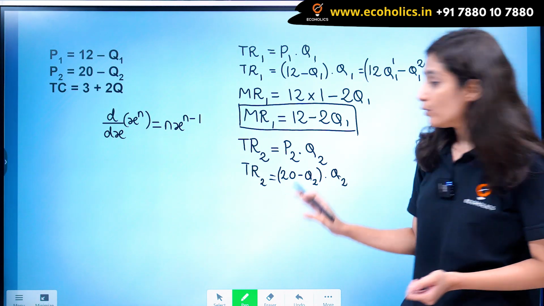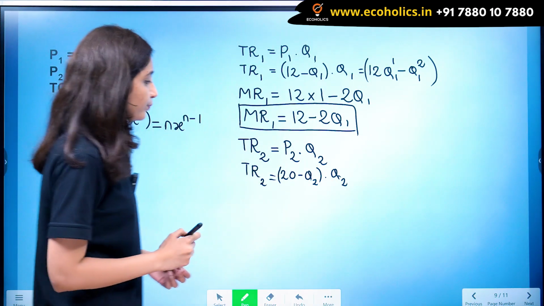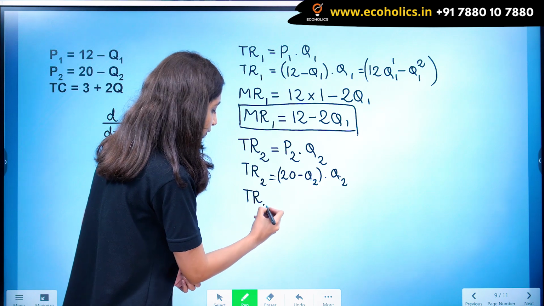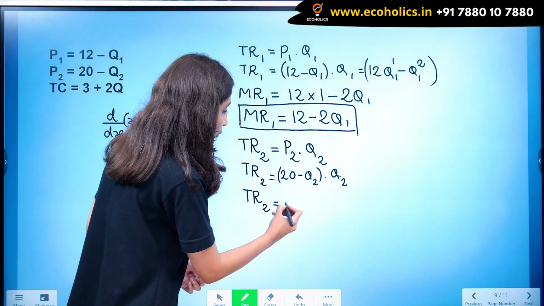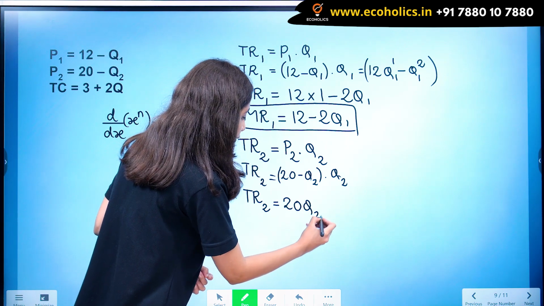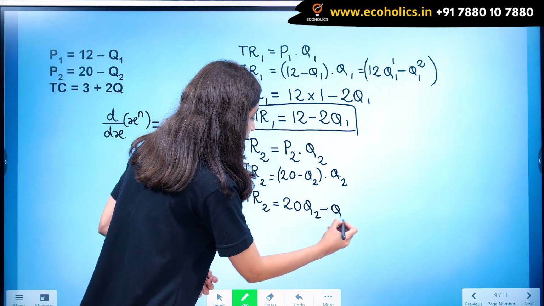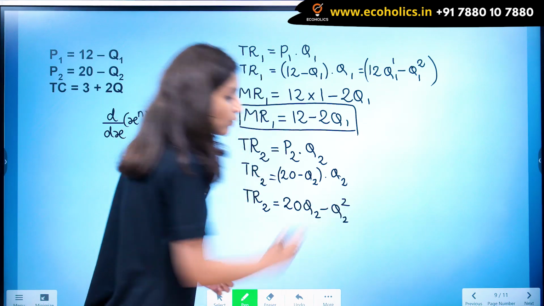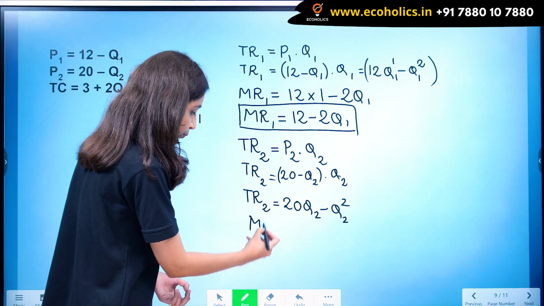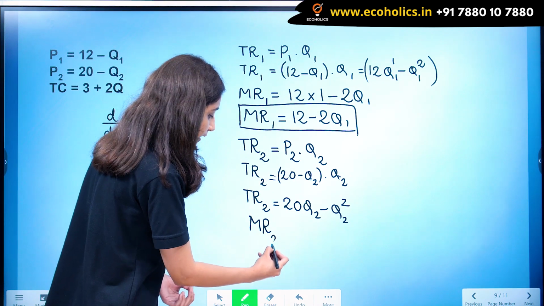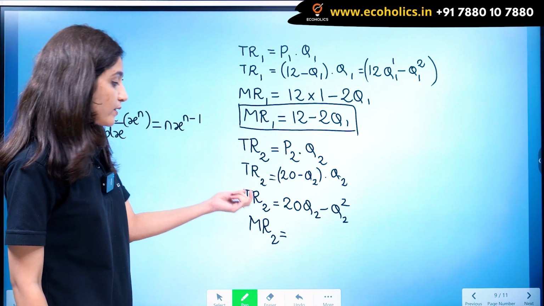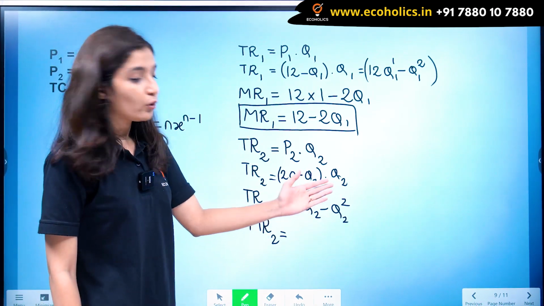Therefore, total revenue in the second market will be 20Q2 minus Q2 square. Therefore, our marginal revenue in the second market will be the differentiation of total revenue in the second market with respect to Q2.